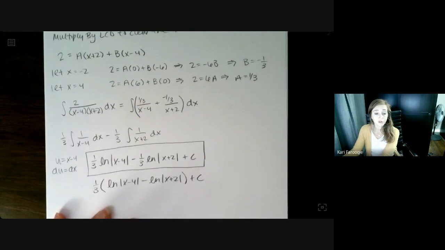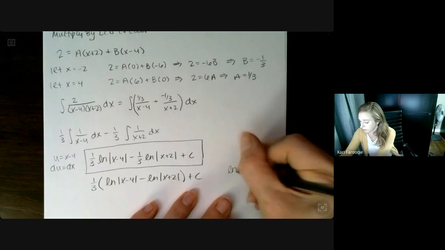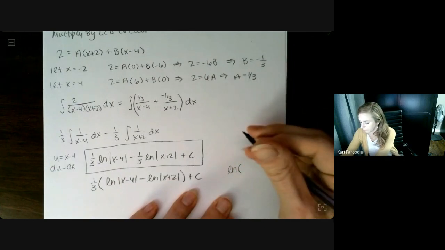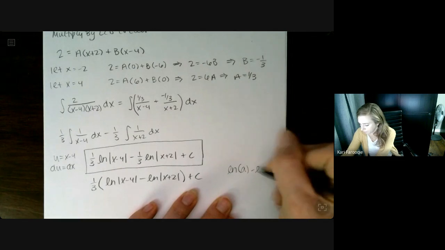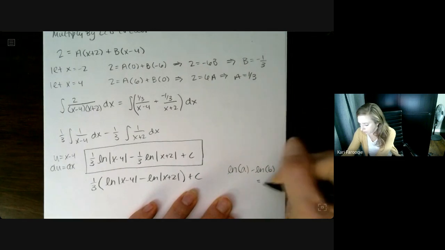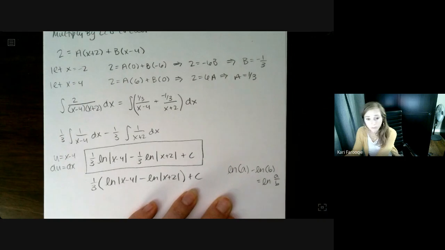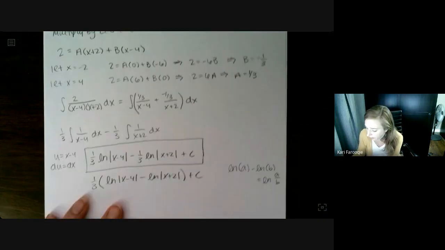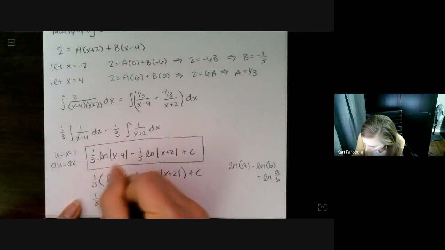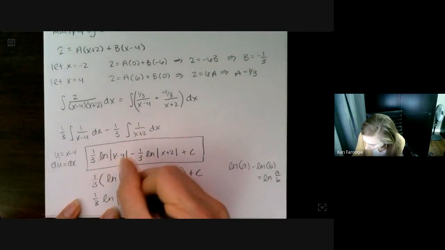And then they'll use that definition for ln A minus ln B being ln of A over B. So if you see that, that's where that comes from. I don't want you to be confused. So it'd be x minus 4 over x plus 2.